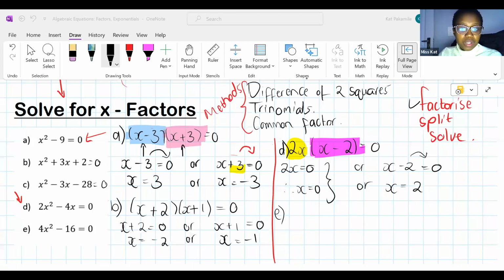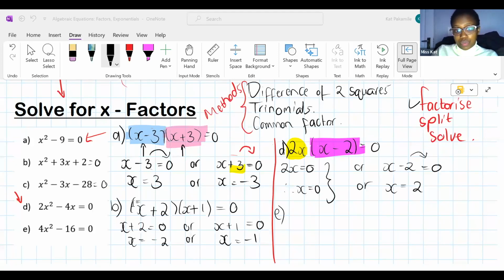Okay, let's see what you guys are saying. If it's a common factor, remember we're solving for x, right, guys? If it's a common factor, what is our common factor in E? 4.